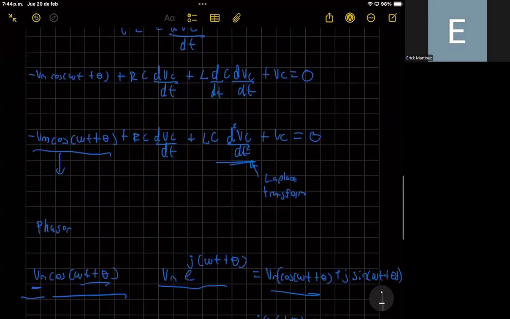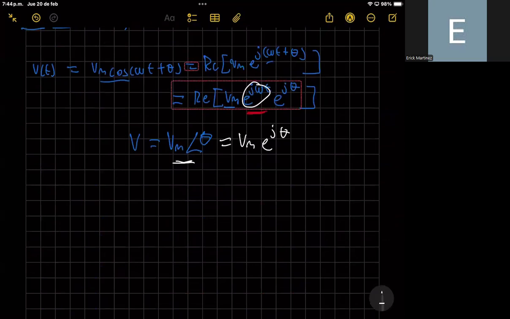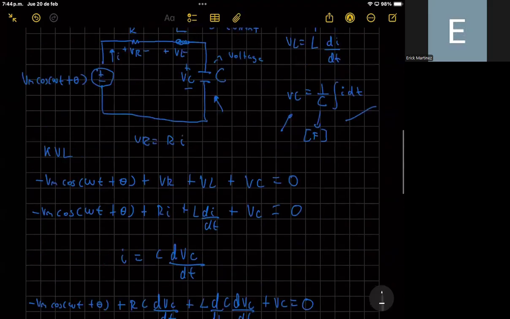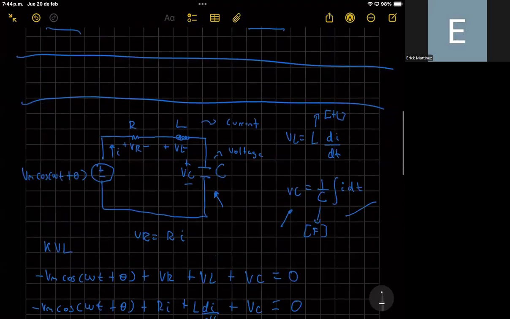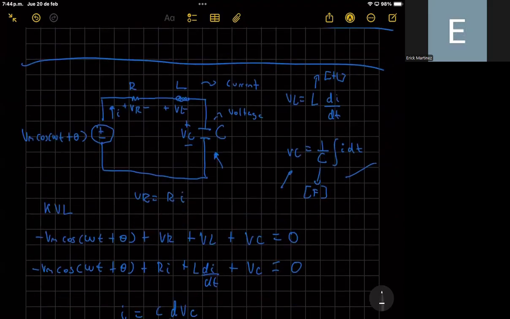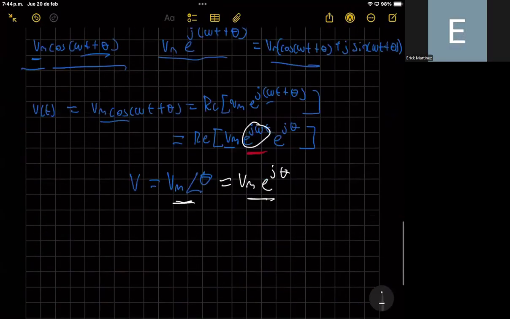So what I can do is to work with this complex number, and at the end, only multiply all my results by this term, because I am imposing the condition that all the elements in my circuit operate at the same frequency. And in most of the cases, that condition holds.